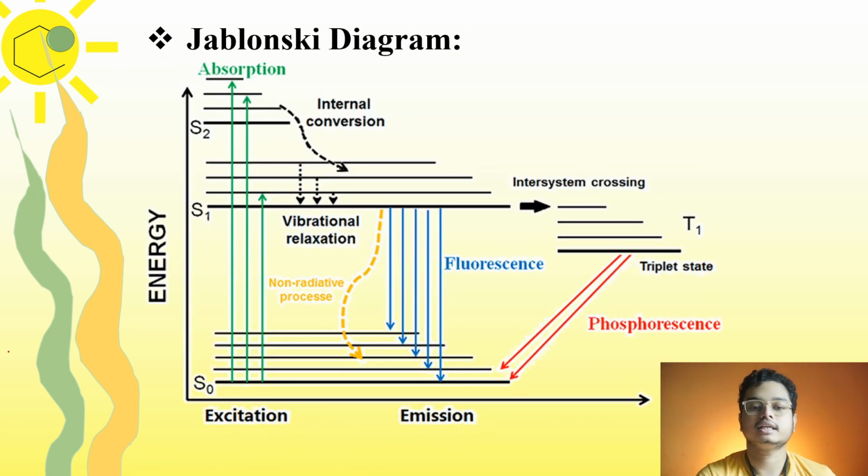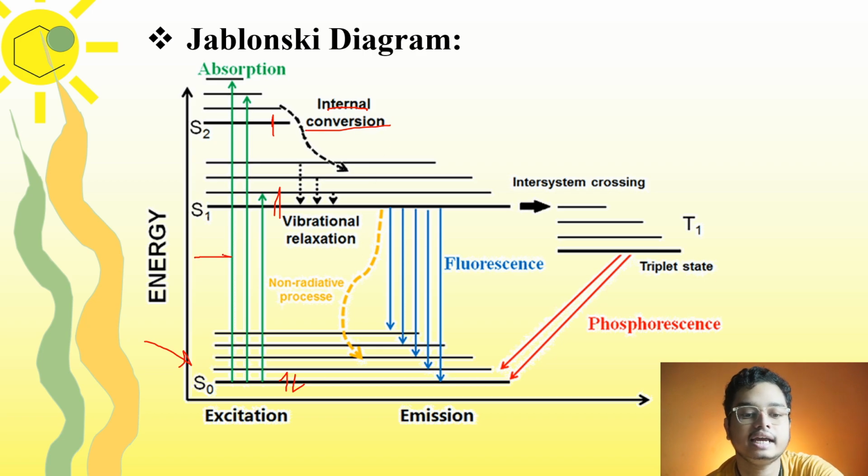Here you can see this is the complete Jablonski diagram, where it shows the S0 state. Now the S0 state contains electrons. Upon irradiating, one of the electrons can jump to the S1 state, or depending upon the energy of the electromagnetic radiation, it can jump to the S2 state also. If it jumps to the S2 state, it will be brought back to the S1 state by some kind of internal conversion.